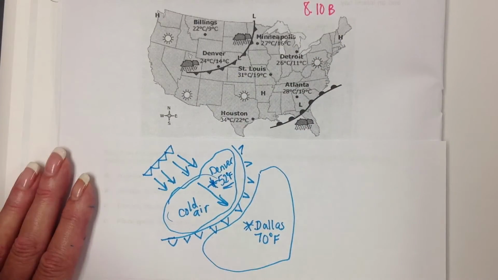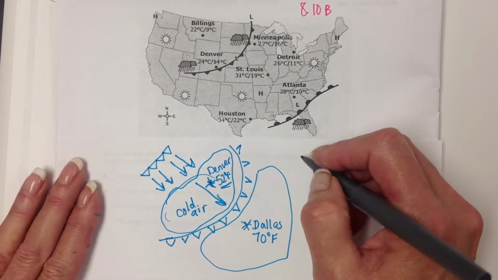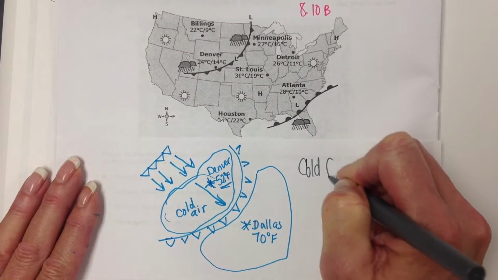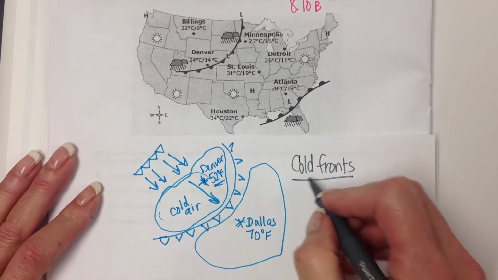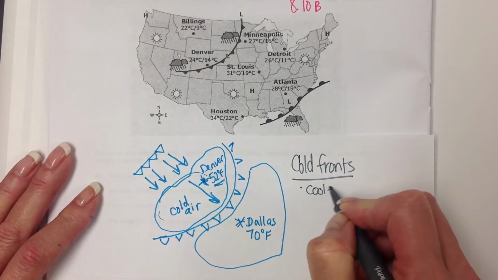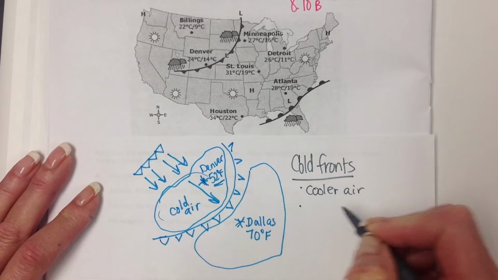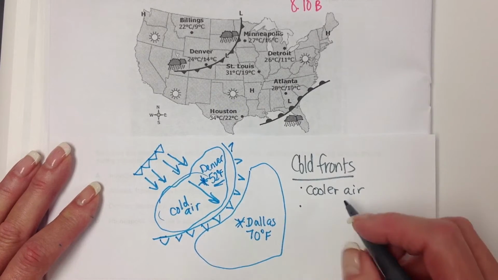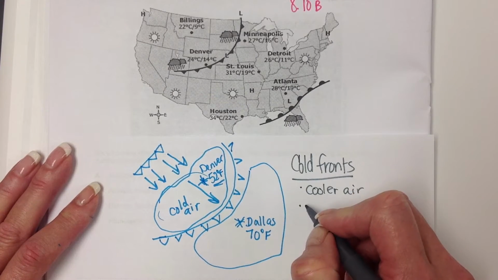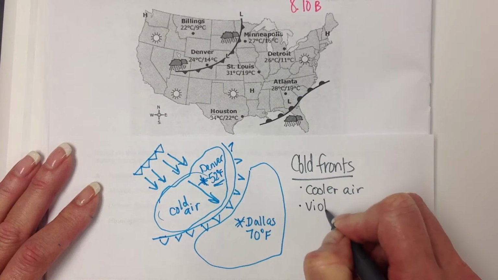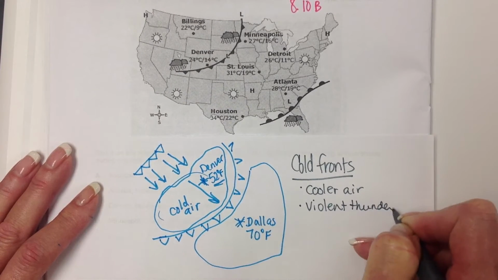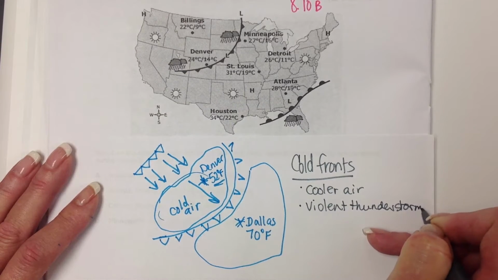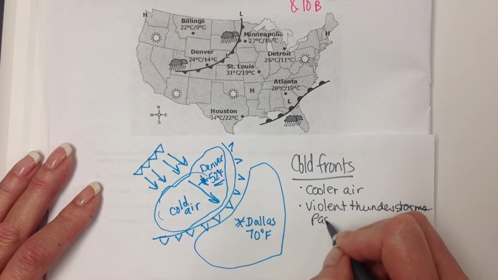Now let's talk a little bit more about the characteristics of a cold front. Okay, so first of all, cold fronts bring cooler air. We know that. In general, cold fronts are associated with violent thunderstorms that pass through quickly.